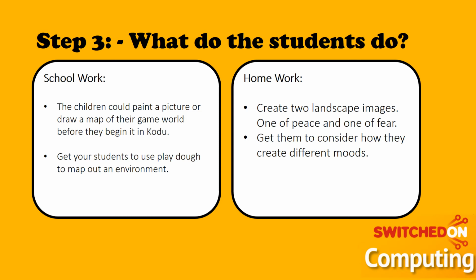So they can do 2 landscape images, one of peace and one of fear for homework. So you're getting them to think about how you can change the way your world looks. So it could be a scary one or a fun one. But also get them to think about what causes these different moods. I mean, you could link that into literature and talk about how stories give off happy feelings or bad feelings and relate that to the way the world looks.